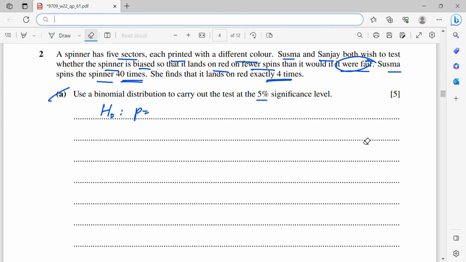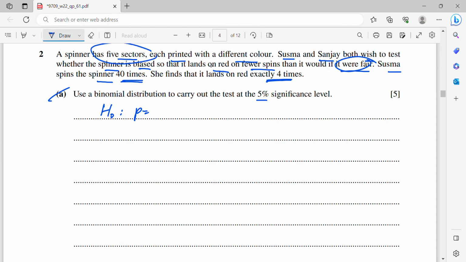You have 5 sectors in a spinner, each printed with a different color. Now we are considering the red color. So supposedly your p will be 1 over 5, because each sector has a different color. So for red it will be 1 out of 5. You may write 1 out of 5 or just write 0.2. That is your p.